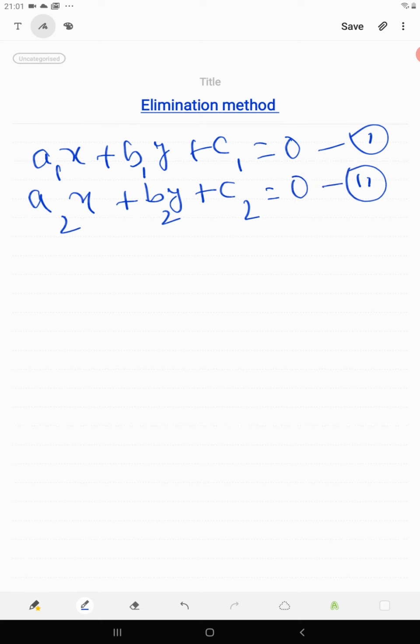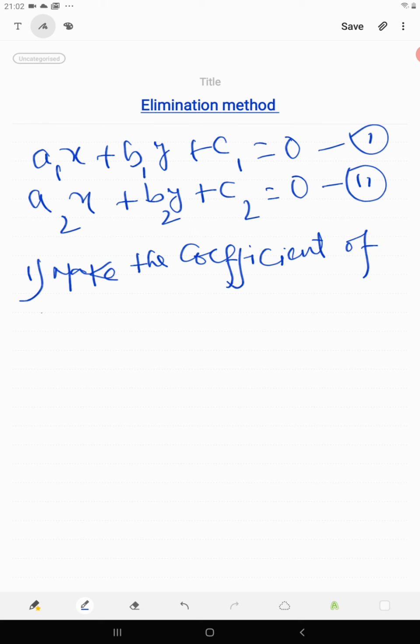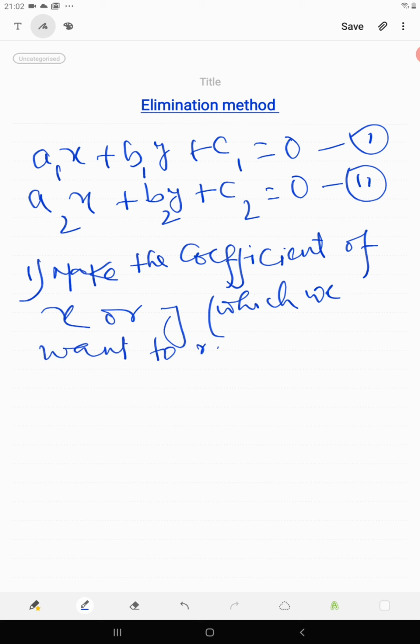So in the elimination method, the first step is to make the coefficient of x or y, whichever we want to remove, equal.